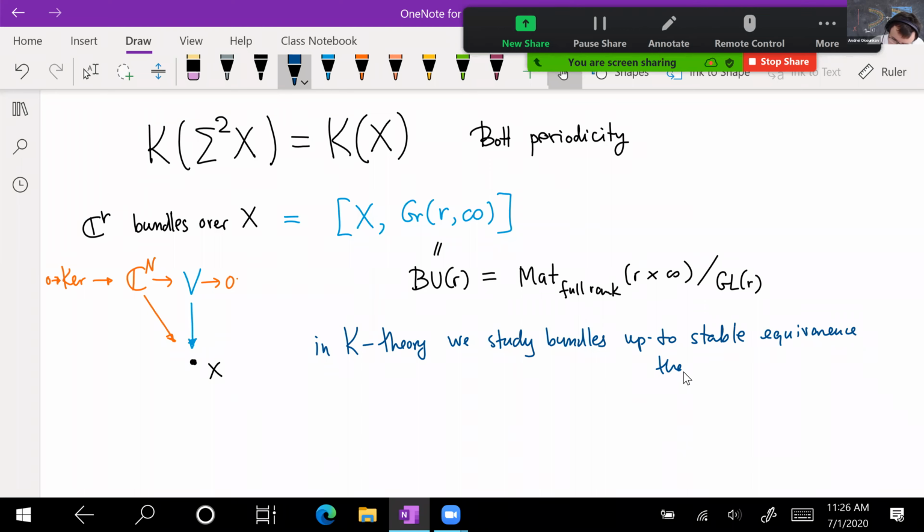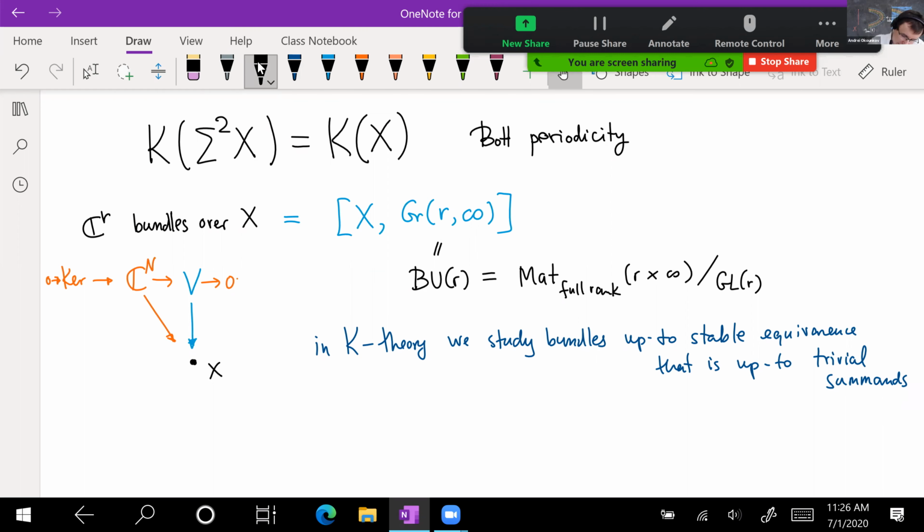That is, up to adding trivial summands, which means you can increase the rank of the bundle, well, if you remember that your original bundle had a certain rank.